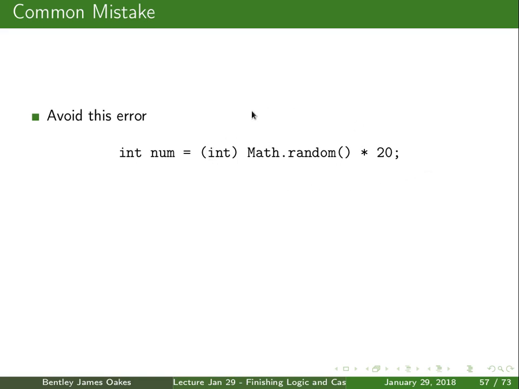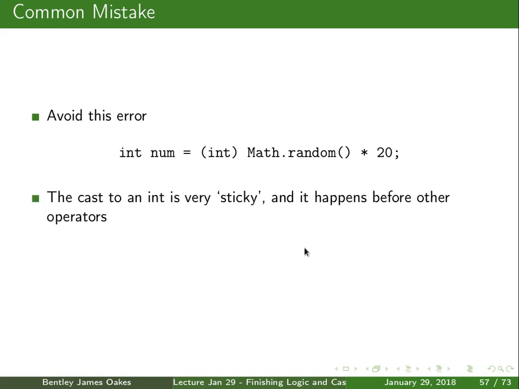If you're trying to get a random number from 0 to 20 as an integer, it's very tempting to write something like this. Math.random times 20, and then you put the cast in front, and you think that the cast happens last. But instead, the cast to an int is very sticky, for lack of a better word, and it happens before other operators. The cast happens before the multiplication.